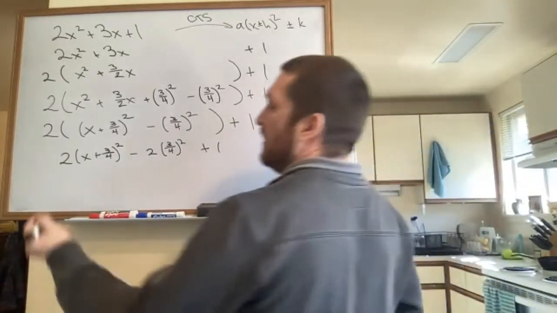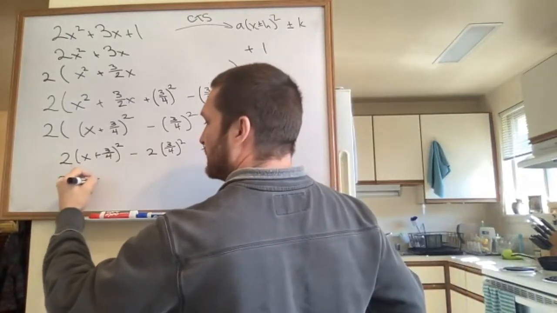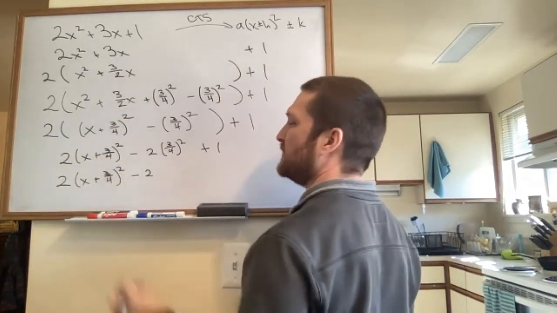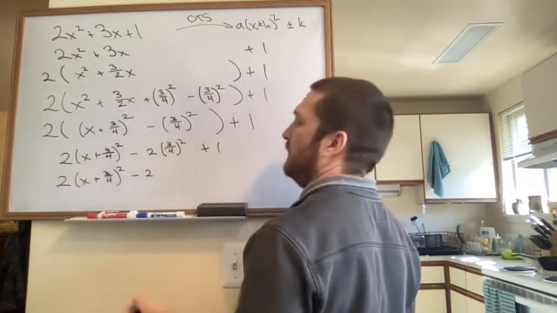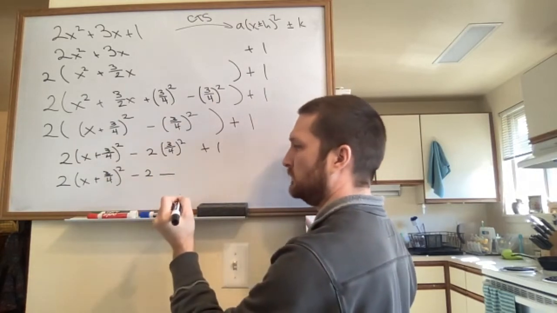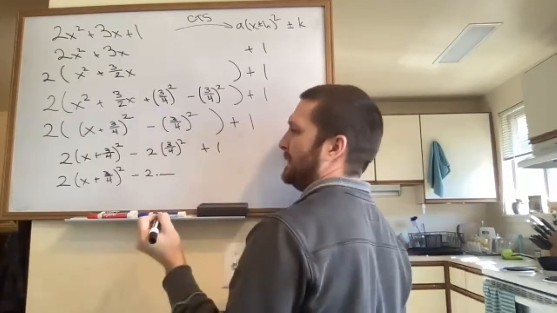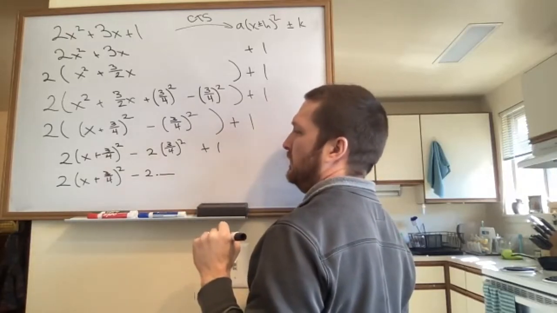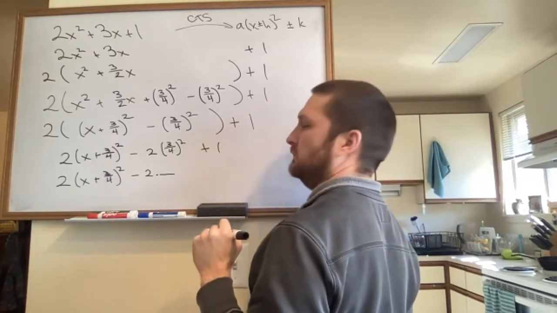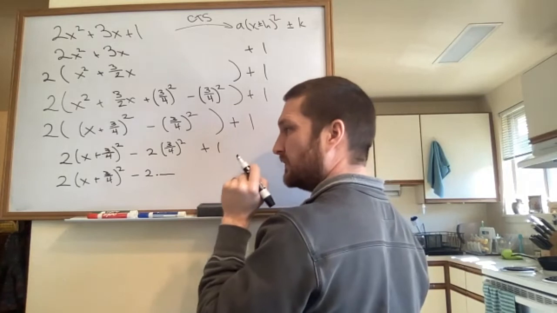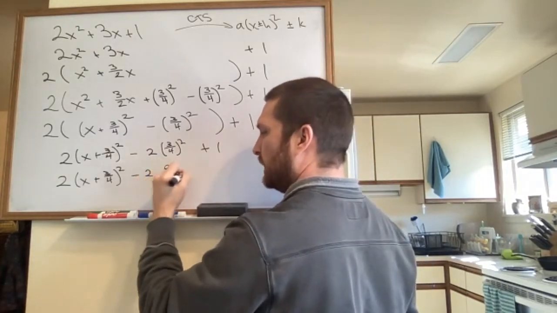And so that is as simple as it gets right here. 3/4 squared minus 2 times, what's 3/4 squared? 9/16. There we go.